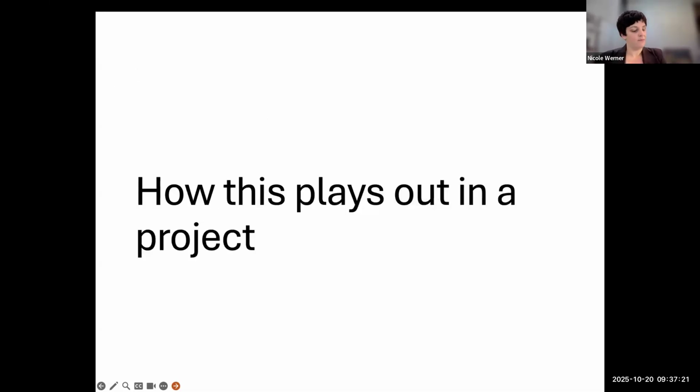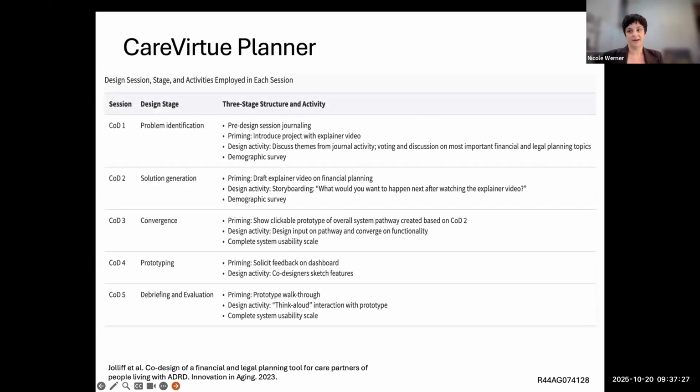I'm going to give you an example of how this plays out in a couple of projects. One is this financial and legal planner. It's an AI-based financial and legal planner for caregivers of people living with dementia. So we took two groups of caregivers through these 5 stages from problem identification, where we had them do journaling, and then we introduced the project with an explainer video to let them know where we were at with the project.